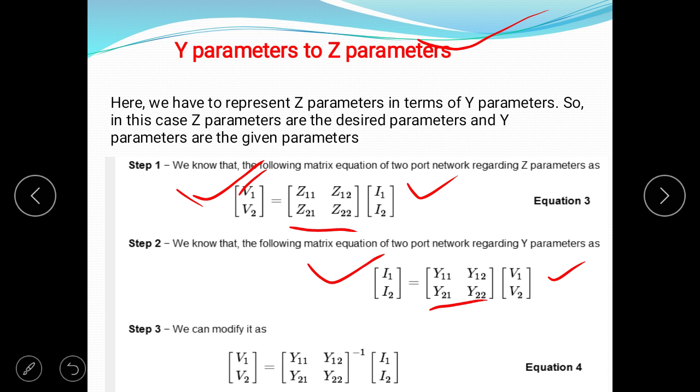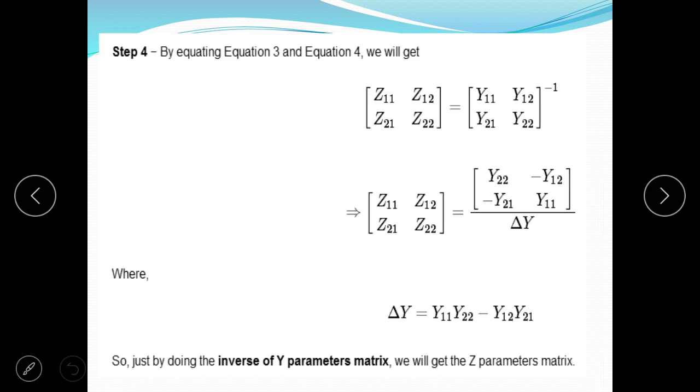Now in the third step we modify the equation of step 2. So the V1 V2 matrix is equal to the inverse of the Y matrix times I1 I2. In the last step we equate equation 3 and 4. We get the Z matrix, Z11 Z12 Z21 Z22, equal to the inverse of the Y matrix.